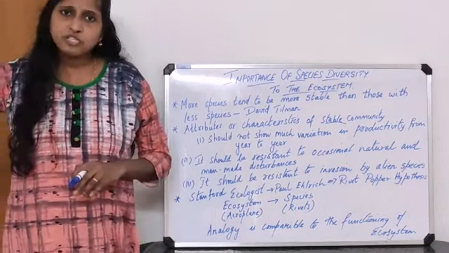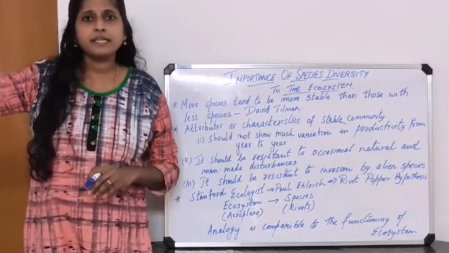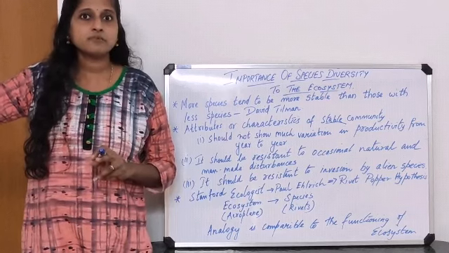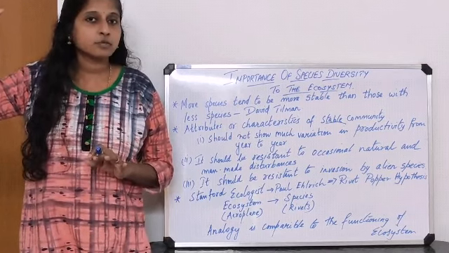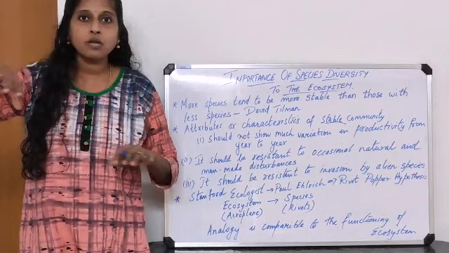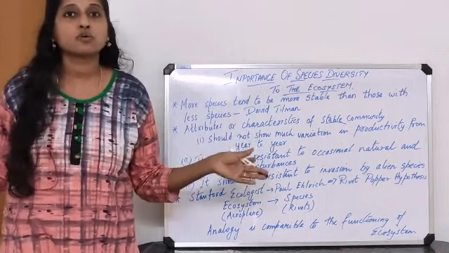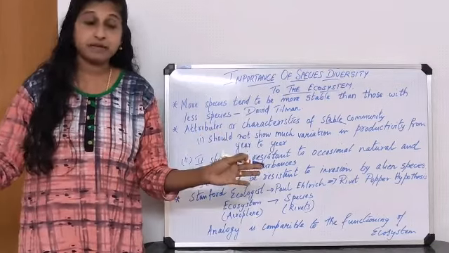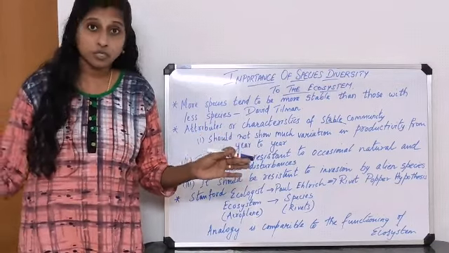If you are removing one species from that ecosystem in the beginning, then a second species, a third species, the food chain is getting disturbed. Thereafter you can find the whole ecosystem is getting disturbed. The whole ecosystem is collapsed. That whole thing is going to get converted into barren land.